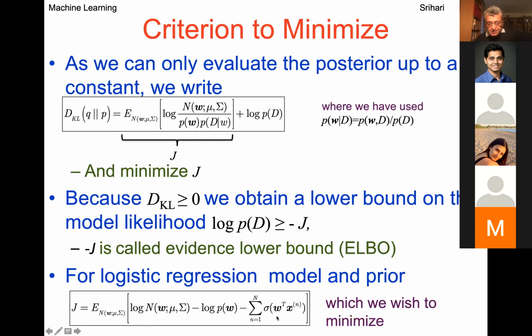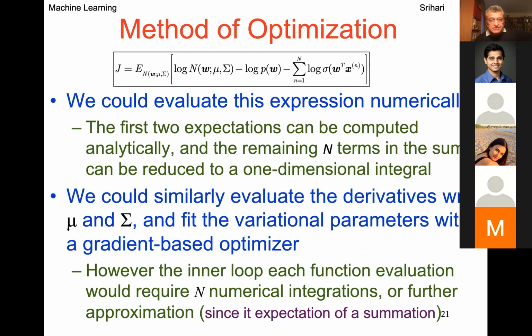Sigmoid of W transpose Xn comes in, and this is the quantity we minimize. Why do we want to minimize this? Because with negative J, we want to maximize log PD, and to maximize log PD, we want to minimize this quantity J. All right, so that is basically the criterion J.